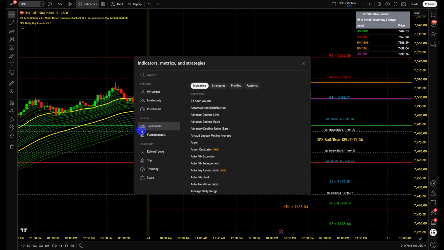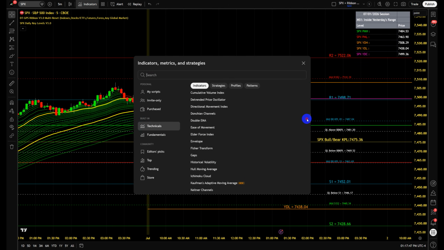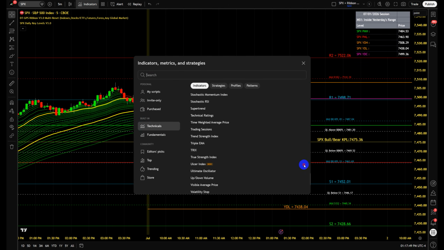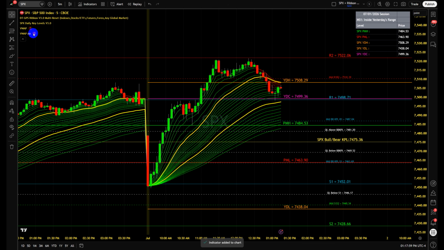Okay, so let's just go into indicators. We'll go down to built-in TradingView technicals. We go down to volume weighted average price, which is VWAP. And we'll try the other one, VWAP auto anchored. As you can see here, there's red exclamation points. No volume data, no volume data.